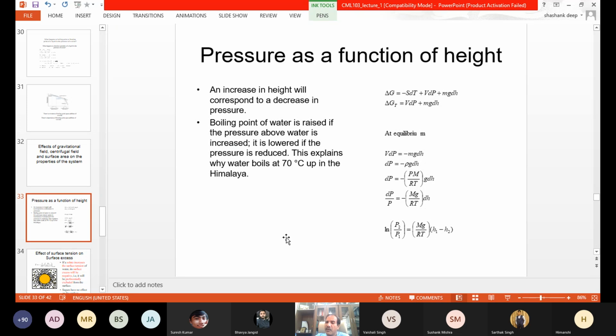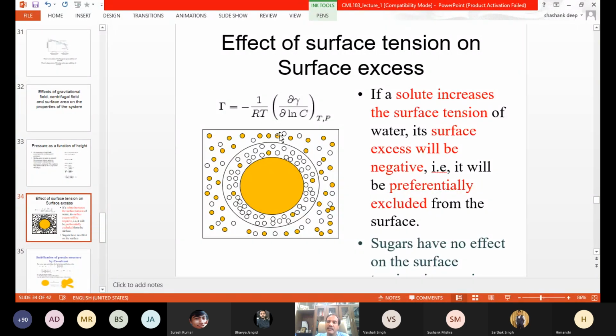Similarly, if you go down, you can expect what happens to the boiling temperature. What happens to vapor pressure, and then you can understand what happens to your boiling temperature or melting temperature. So this is one thing. Now you can think about what will happen if there is surface tension. Based on that, this equation has been derived.